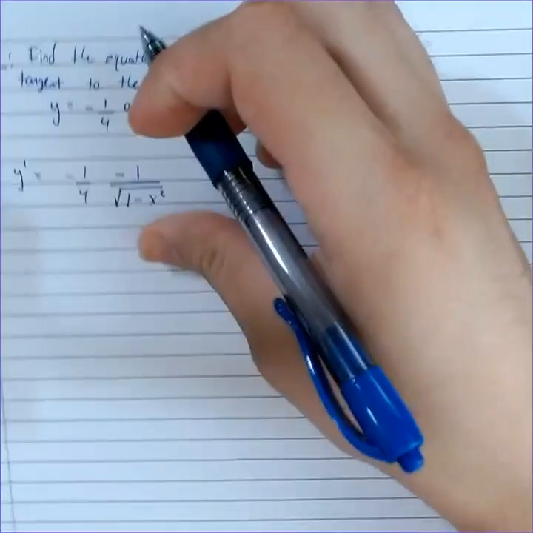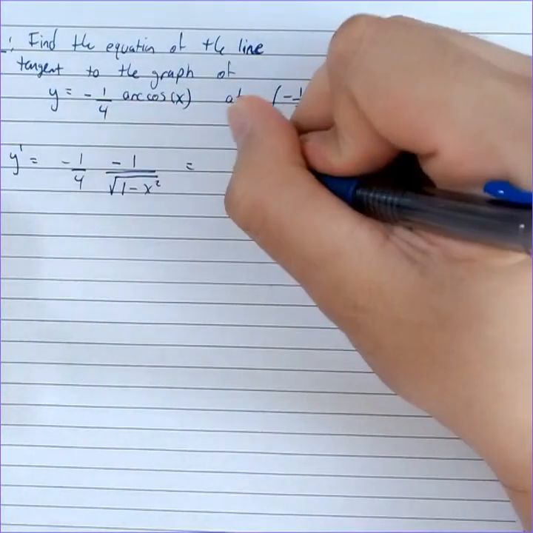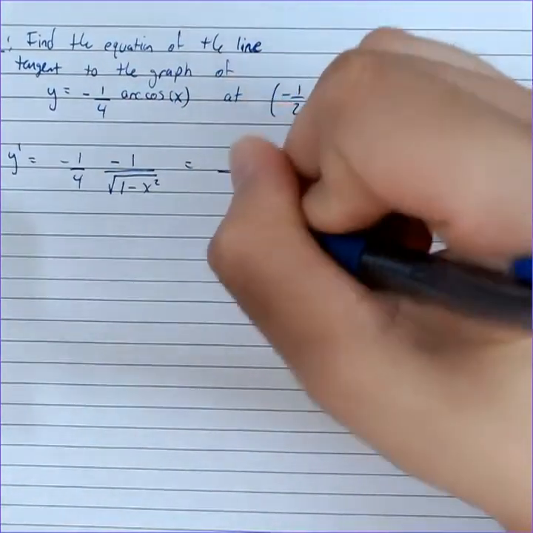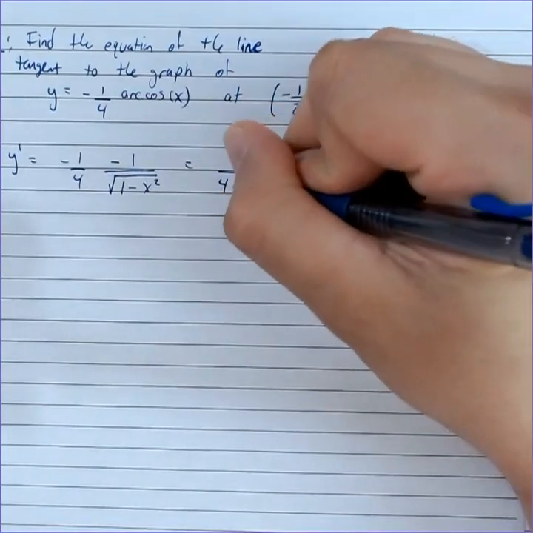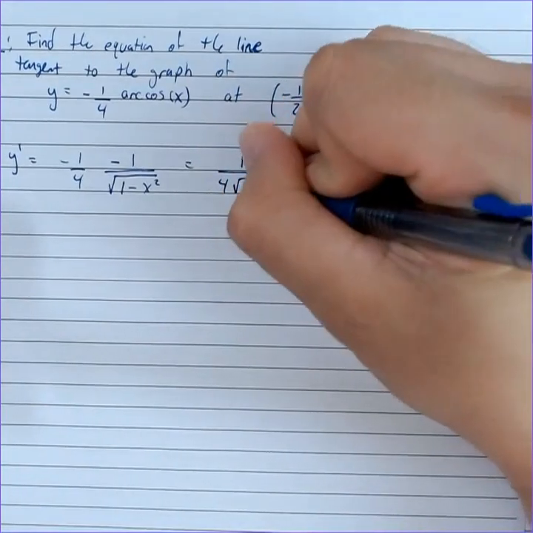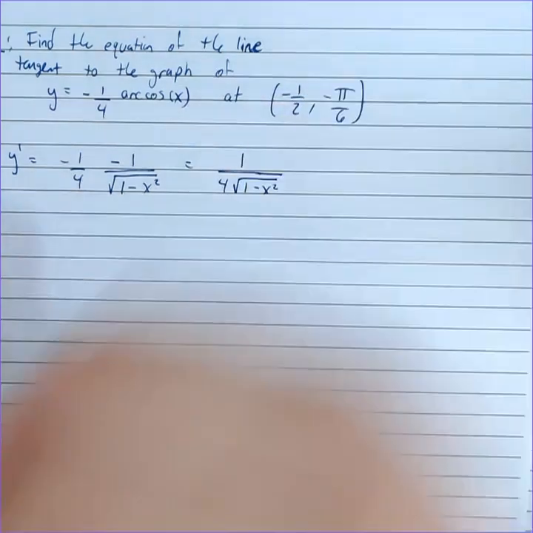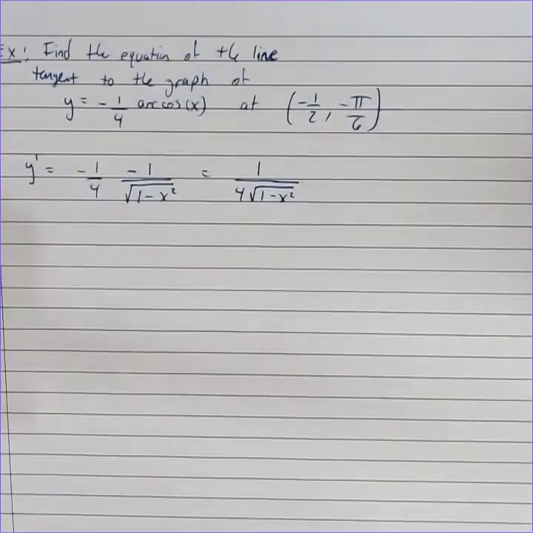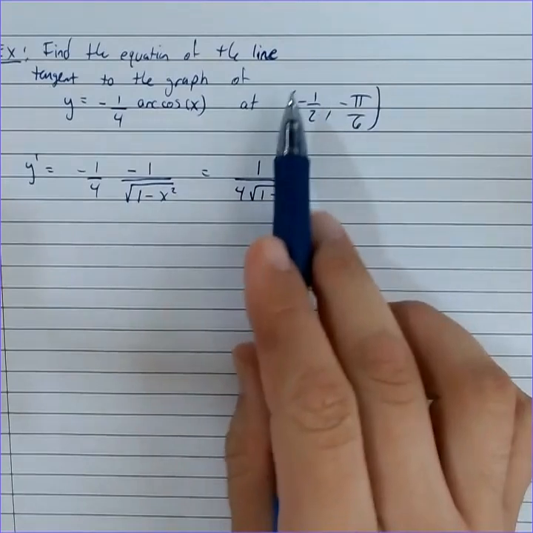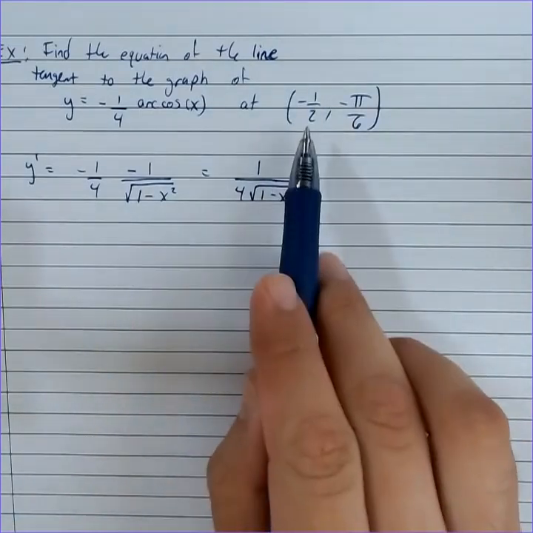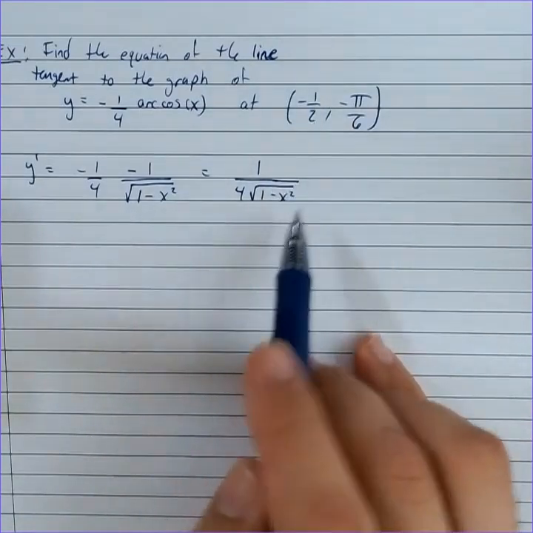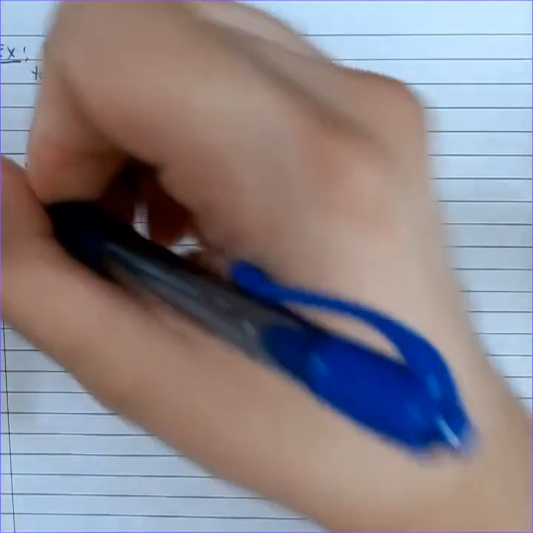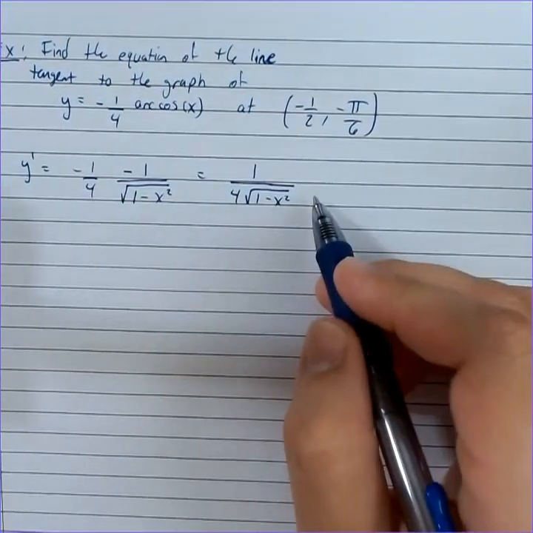Here we can clean that up ever so slightly, I suppose. We can write that as a positive 1, negative times a negative, 1 over 4 square root of 1 minus x squared. Okay, so there's our derivative. So now we can substitute in this x value in here to find the slope at that particular point. So this is the slope of every tangent line.